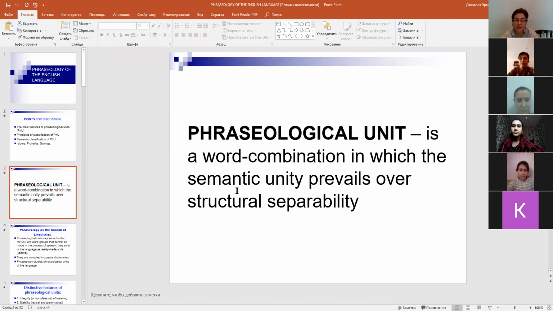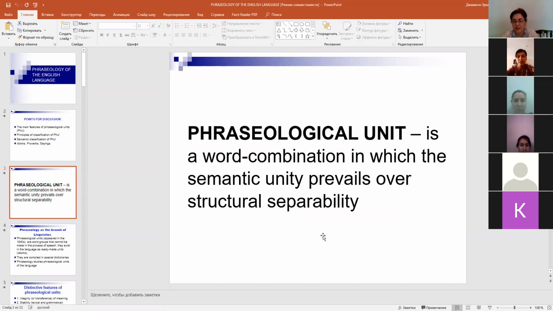Okay, phraseological units are word groups that cannot be made in the process of speech. They exist in the language as ready-made units. They are stable word groups characterized by a completely or partially transferred meaning and compiled in special dictionaries.